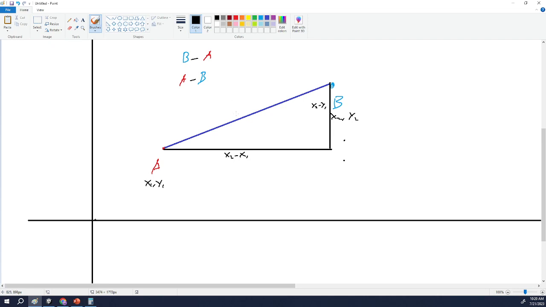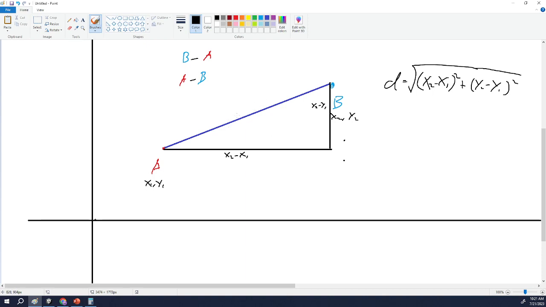So, our magnitude right here would be d is equal to the square root of (x2 minus x1) squared plus (y2 minus y1) squared.